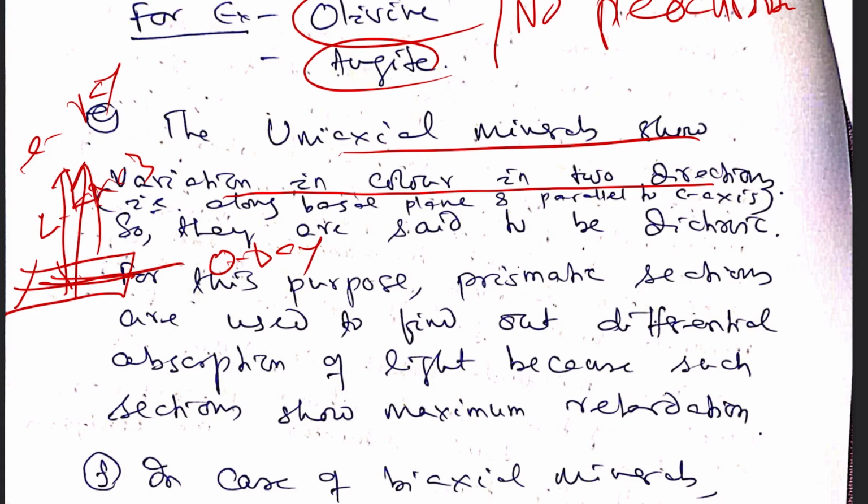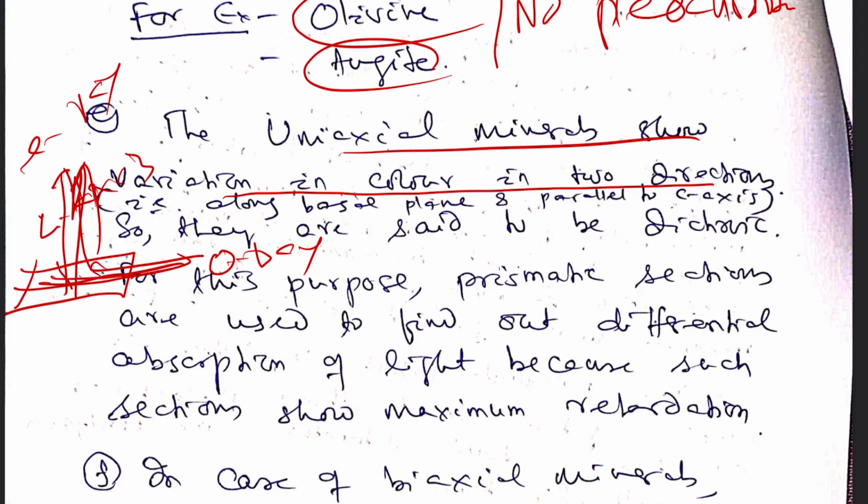Light is absorbed to a different extent, and accordingly there may occur variation in color absorption along the O ray vibration direction and the E ray vibration direction. Therefore the uniaxial mineral is said to be dichroic.